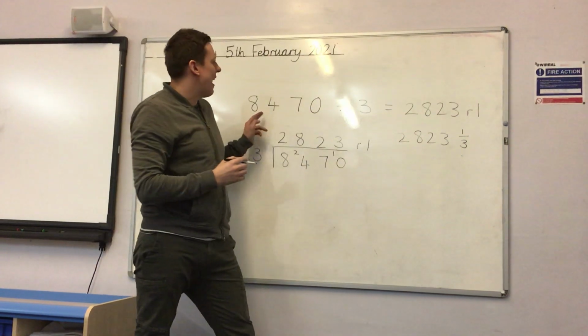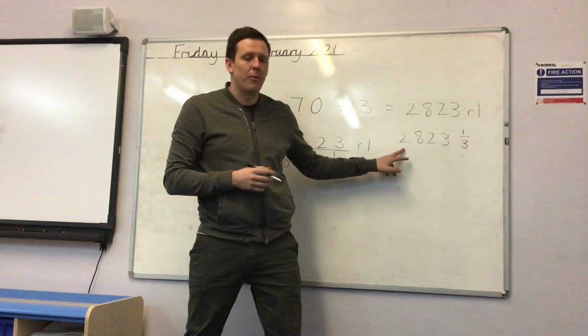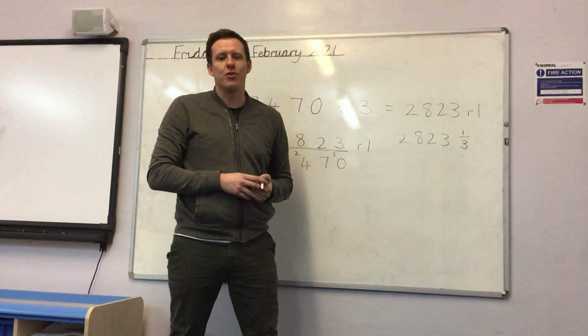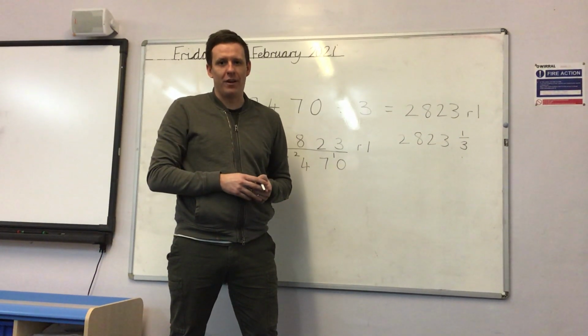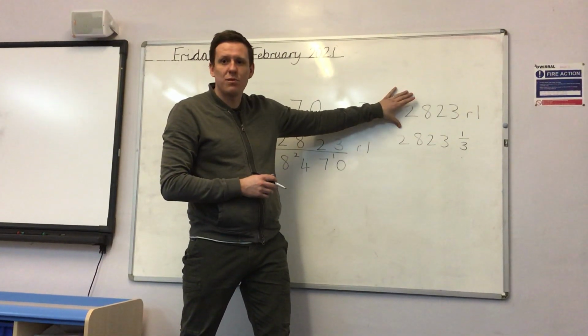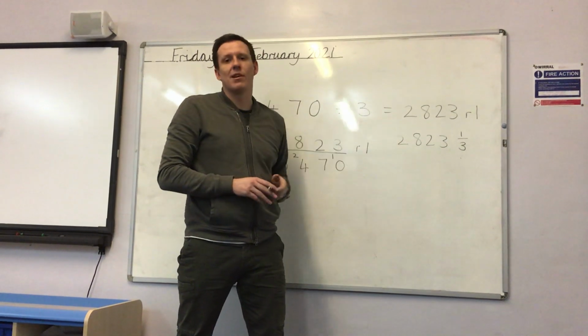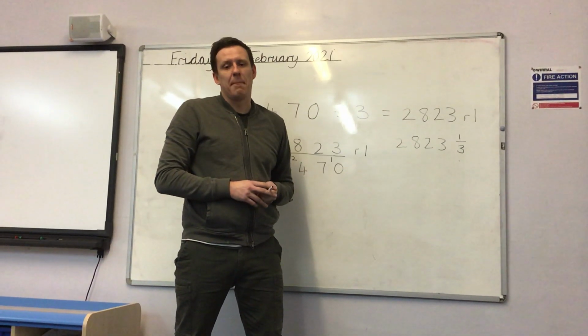So the answer to 8,470 divided by 3 is also 2,823 and 1/3. Try and complete the calculations this way, and if you've finished and you're feeling confident, have a go at writing what they would be as a mixed number.